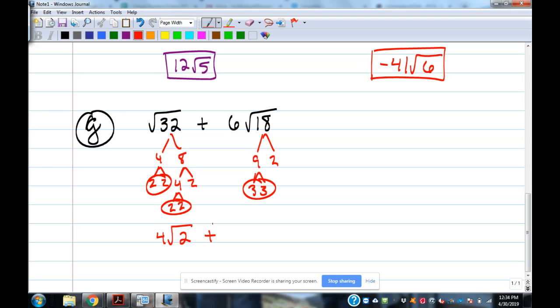So this is going to turn into 18 square root of 2, because there's that 2 that's left over that didn't have a buddy. Now, are these like terms now? Yes. So add them up. 4 plus 18 would be 22 square root of 2.